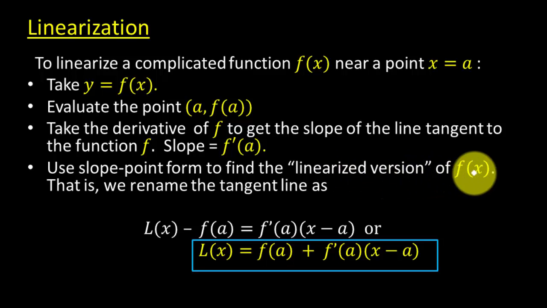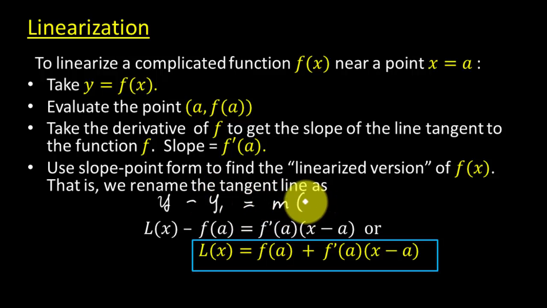But now we're just going to rename things. So instead of writing it as y minus y1 equal to m times x minus x sub 1, now we will just make it sound fancier, I guess. We let y be equal to L of x. That way it will distinguish from the original function y. And then minus, what's y sub 1? There's our y sub 1.